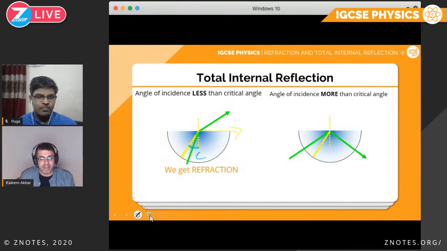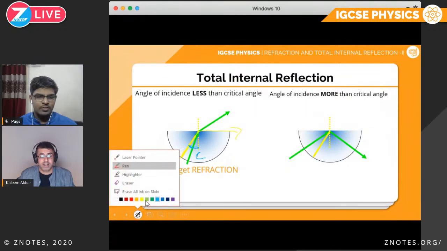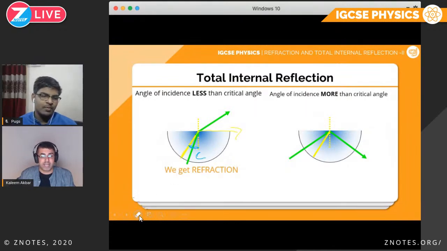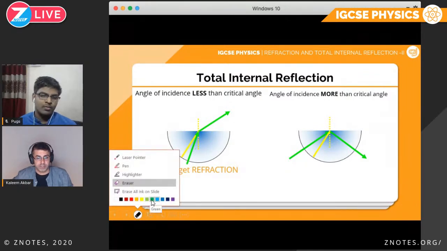Now, the bit that's not drawn here that I mentioned last lesson, I'm going to mention it again. Guys, very often, exam questions, they'll either show you the reflected ray all the time, or they won't. See right here? Let me just do it in green, since it's green we're using.